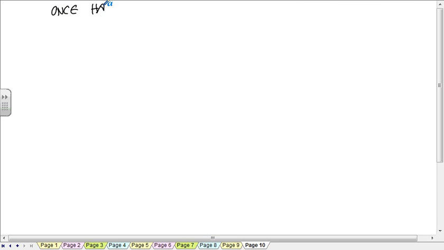Once you have that tangent vector, just normalize it, get the unit vector for it.